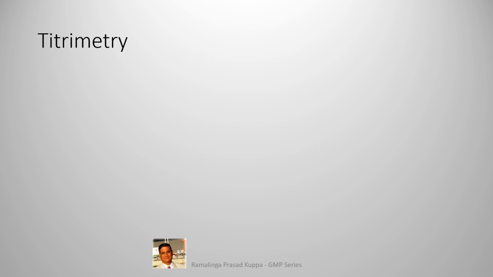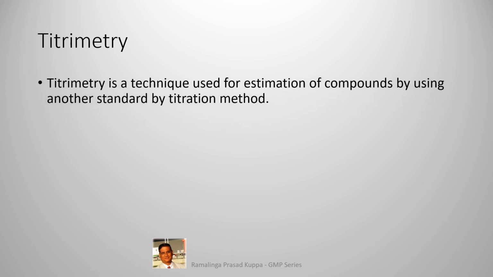Let us see what titrimetry is. Titrimetry is a technique used for estimation of compounds by using another standard, by the titration method. The accurately known concentration solution is called a standard solution.